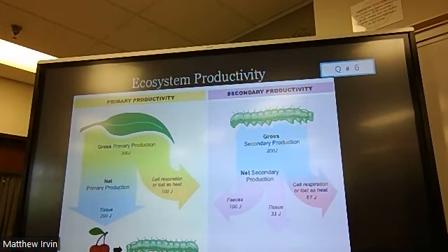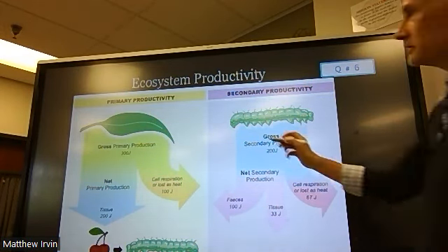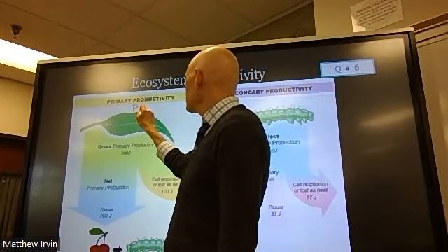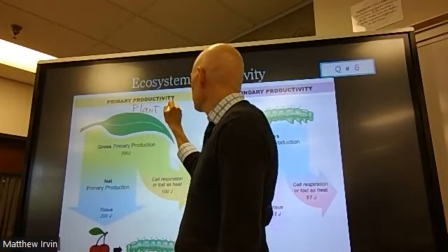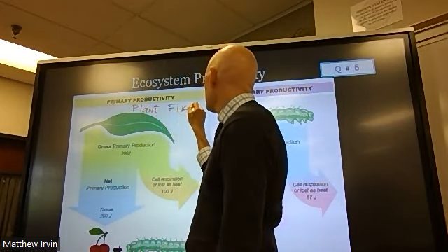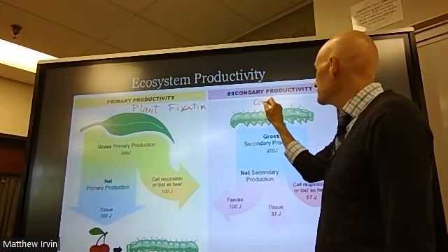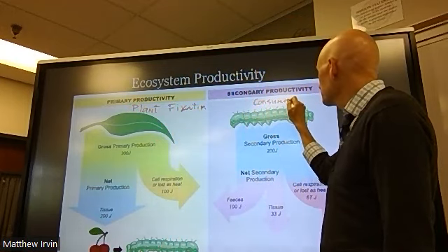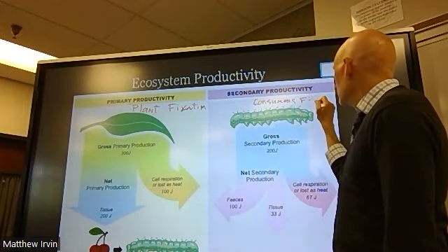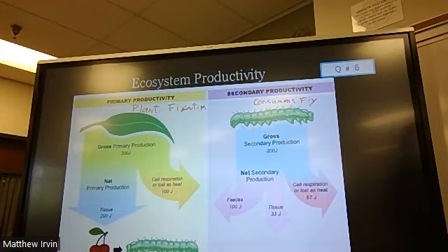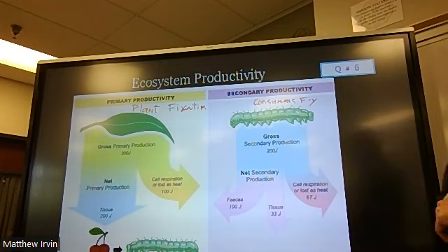Ecosystem productivity: primary productivity is what your plants fix. And then your secondary productivity is what the consumers fix from the primary producers. And of course, going from producer to consumer, what's our energy transfer? 10%.